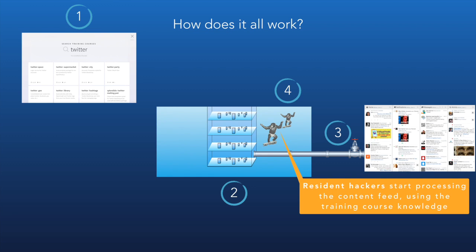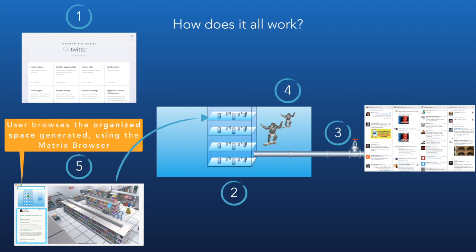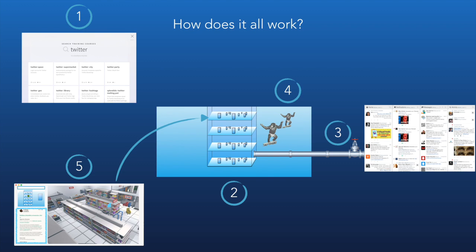Then the resident hackers start processing the content feed using the knowledge from the training course selected. Finally, the user browses the organized space generated using a software we call the Matrix Browser. So this is like a brief schema of how the web-wide matrix works.